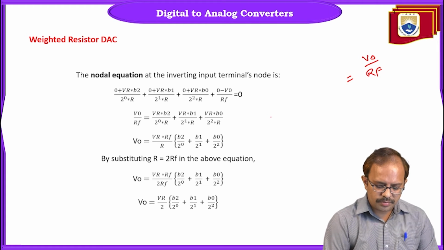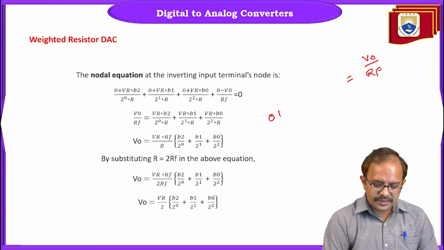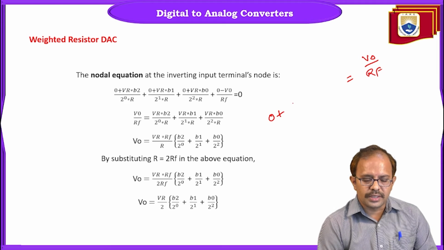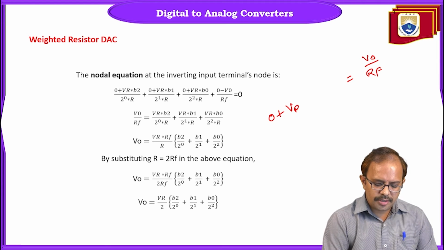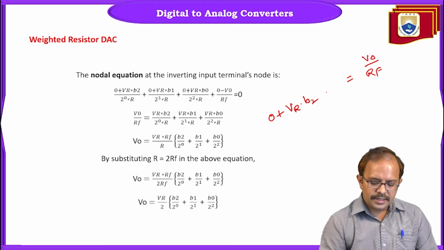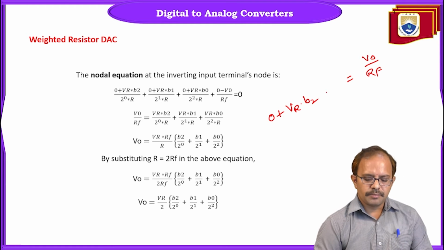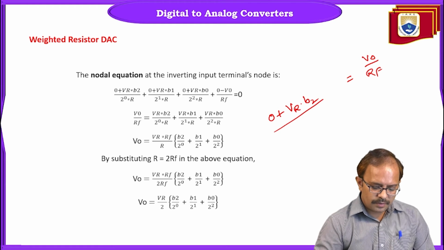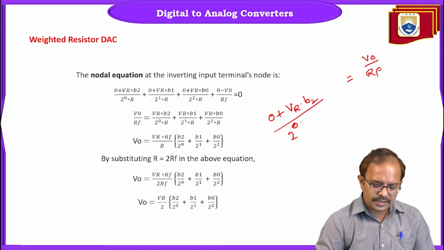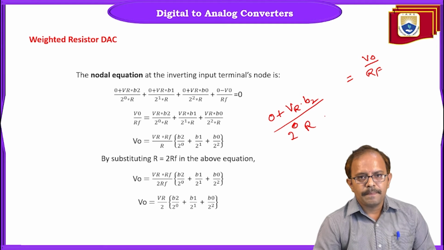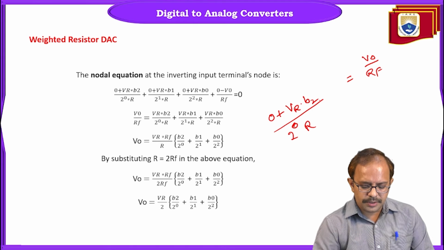It is going to be 0. If the switch is connected to the reference voltage, it is going to be VR into the MSB bit B2 divided by the corresponding resistance, 2 power 0 into R. This is for the switch B2.